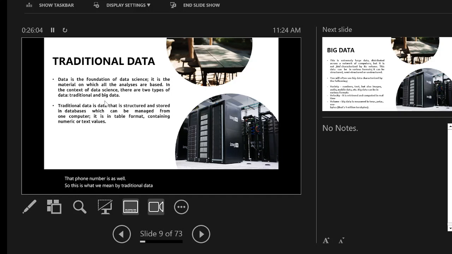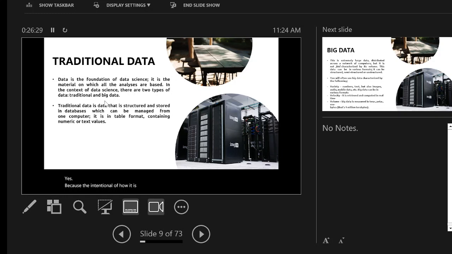So based on this data, the main reason I was saying that let us not define traditional data based on age is that it is a representation of how it is.